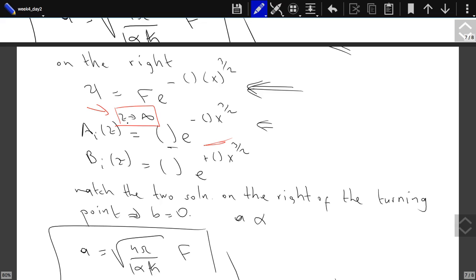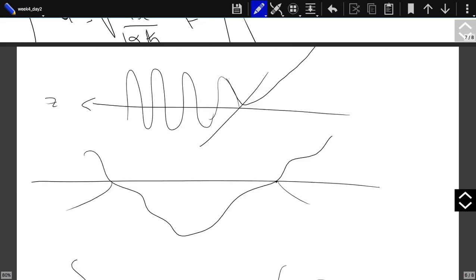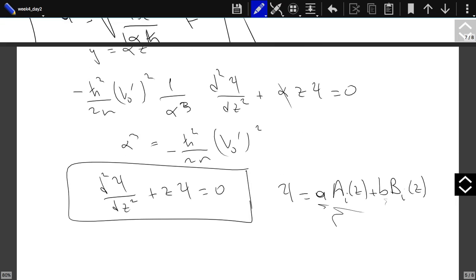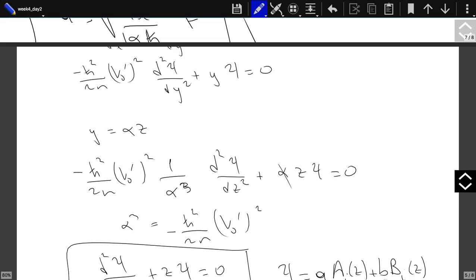But of course, this is z equal to minus infinity, and z was defined as alpha times x. No, sorry, z is y over alpha. So z going to infinity can mean y becoming large or alpha being small. So if alpha is sufficiently small, then we are also safe.